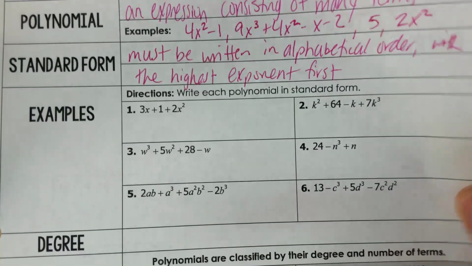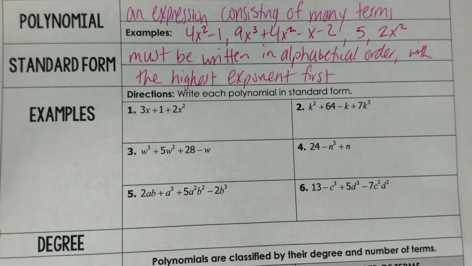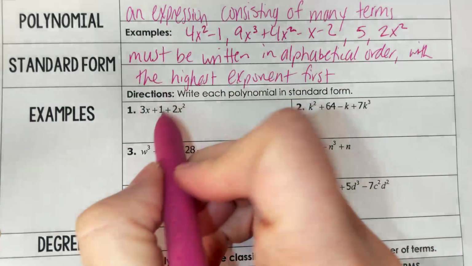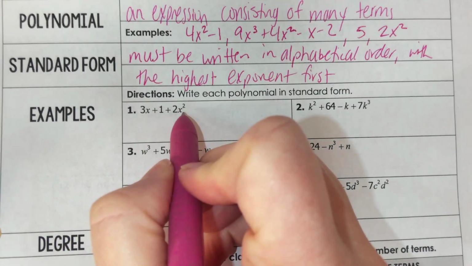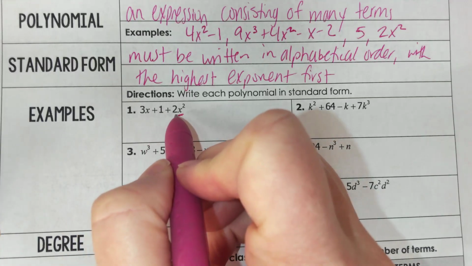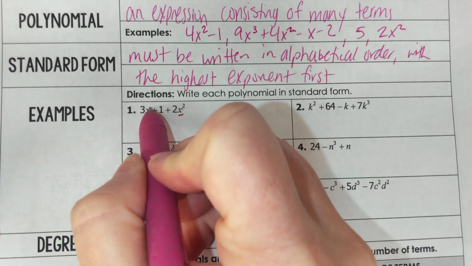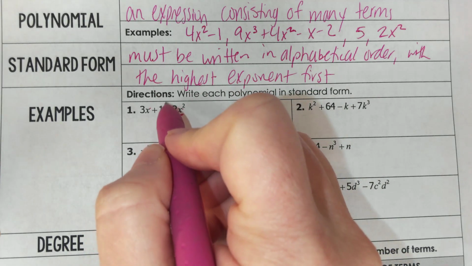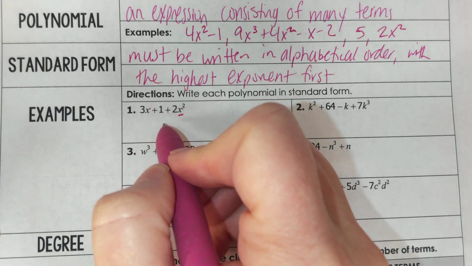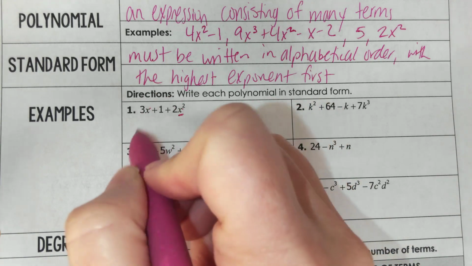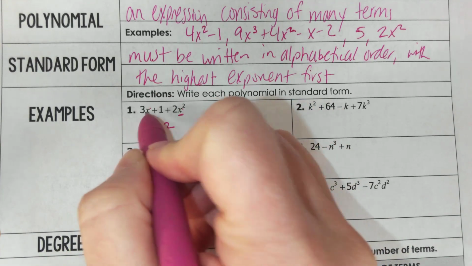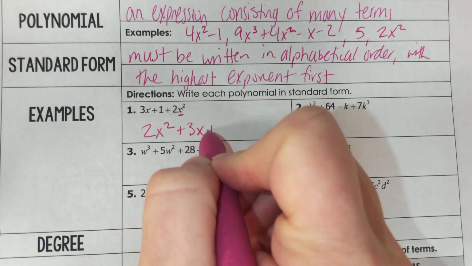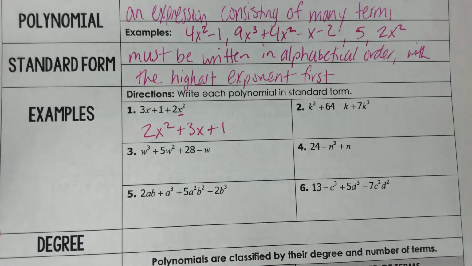So for example, for a standard form here, we notice that there's one variable, so we're going to start with the x, and we're going to go with the highest exponent. So we have a 2, a 1, and then we have one without a variable, or an exponent of 0 on that variable. So we're going to start with the highest first, so we're going to write it as 2x squared, then go to the next one, plus 3x plus 1. So that's going to be our standard form.